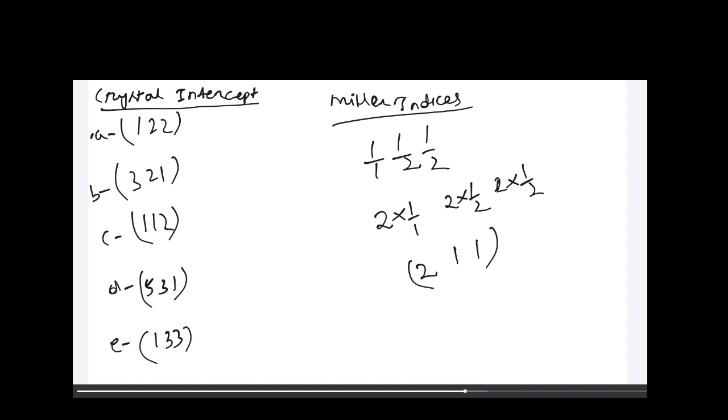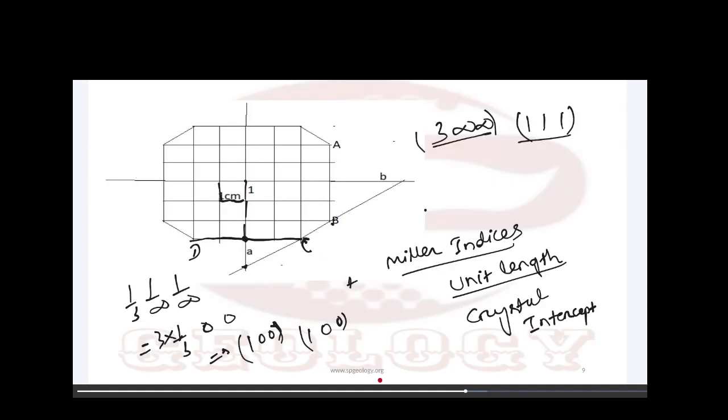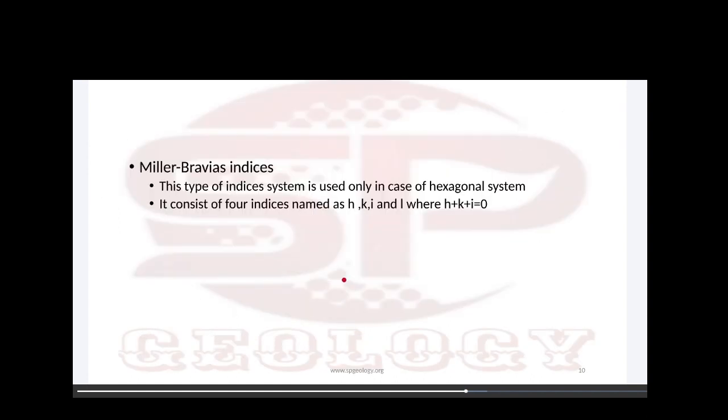Notation system. So in case of the hexagonal system, actually there are 4 axes. The 4 axes are denoted as H, K, I, L. In case they are intersecting at unequal angles, in Miller indices we use H, K, L. H for the A axis, K for the B axis, and L for the C axis.